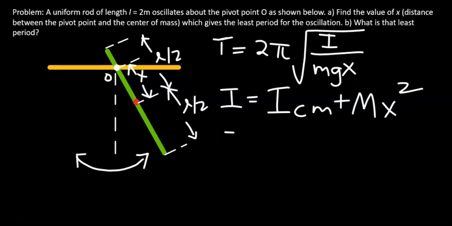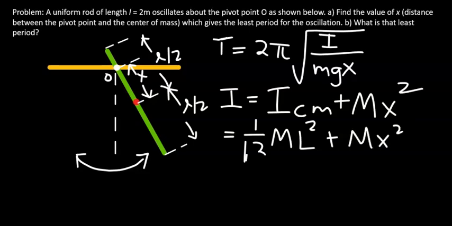The moment of inertia of such a uniform rod about an axis passing through the center of mass is given by 1/12 times the mass of the uniform rod times the square of the length. And to that we add the term mx² to get the moment of inertia about that point, or about an axis passing through that point.